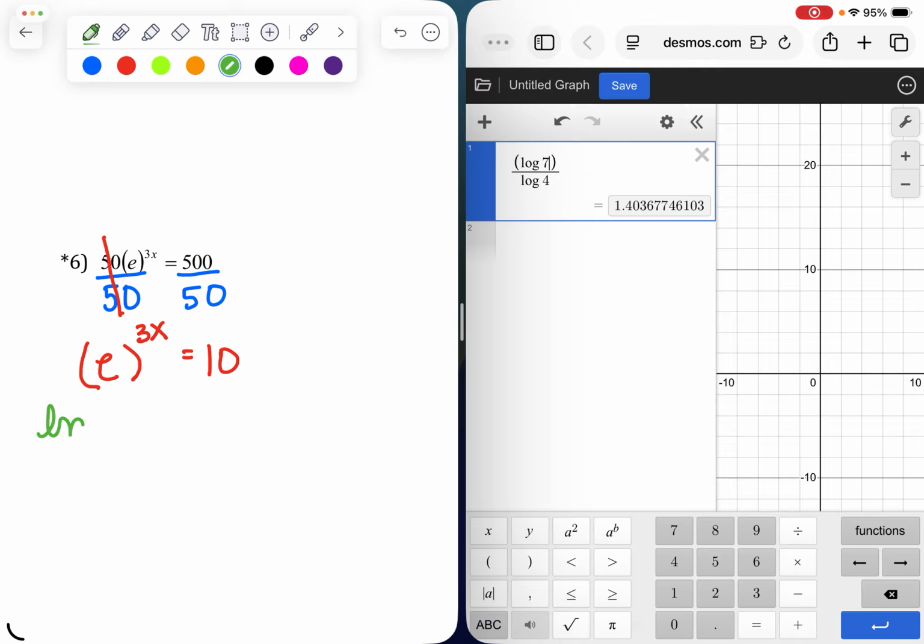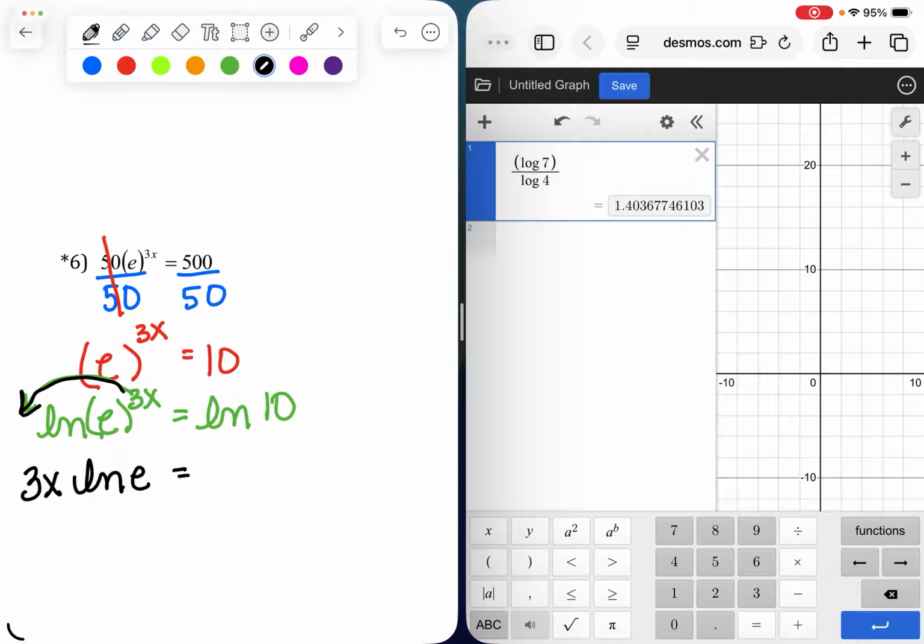Let me get rid of this and type in ln of e. Anytime you see the ln of e, that immediately equals 1. So technically, I have a 1 underneath here. So all I really have there is ln of 10.